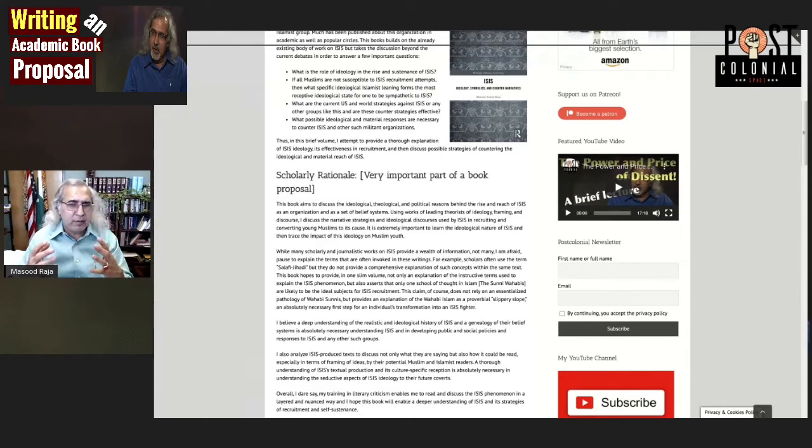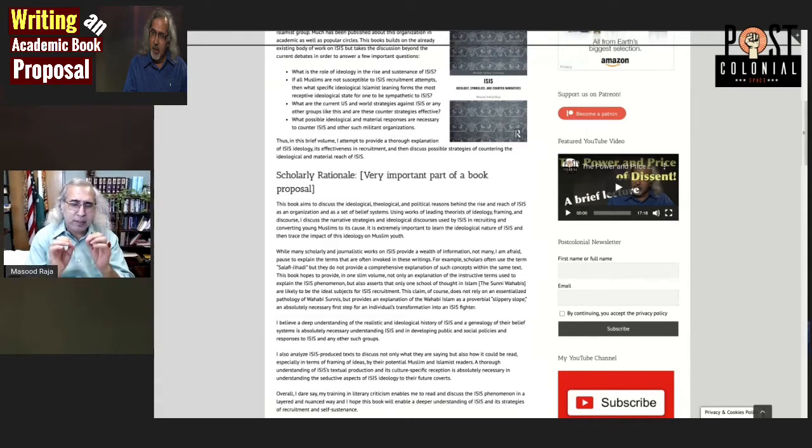Now, please keep in mind that the language of this book proposal throughout, regardless of the fact that it's on a highly specialized academic topic, needs to be accessible to an editor who may not be an expert in the specific field. So avoid using big words like jargon and deeply complex theoretical words.